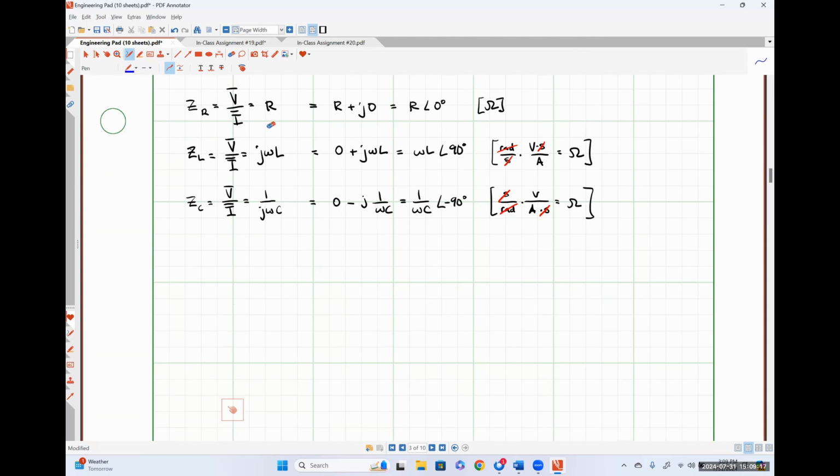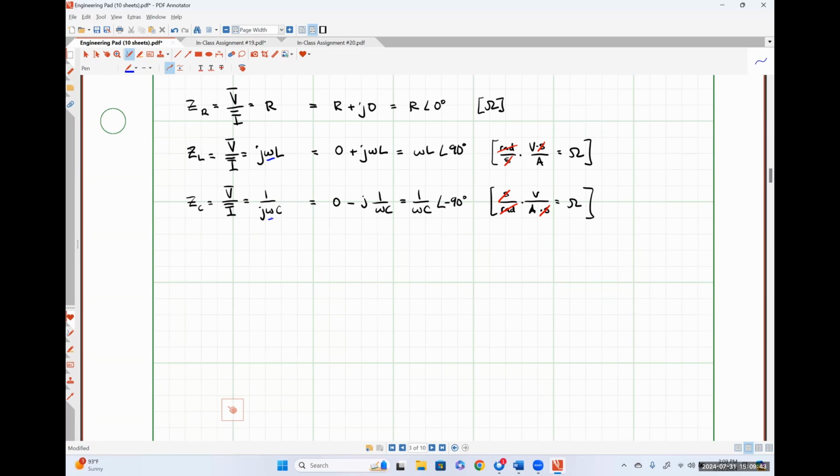If we look at the impedance of a capacitor or an inductor, however, we can see that the impedance is dependent on the value of omega. So let's say that omega is very, very small, approaching 0 or DC.